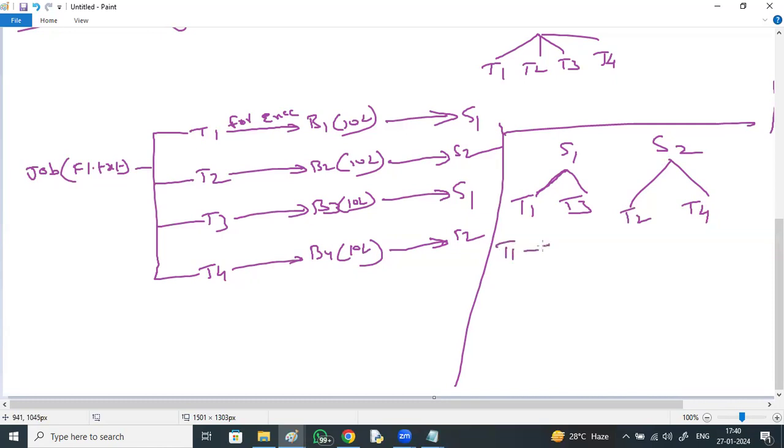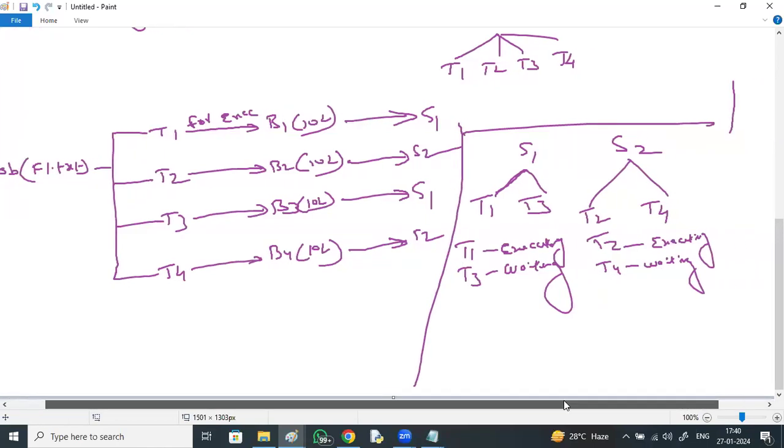But when T1 is executing in S1, T3 will be in the waiting state, right? When the T2 task is executing in system 2, the T4 task will be in the waiting state. Once T1 and T2 finish execution, only then can they execute T3 and T4.